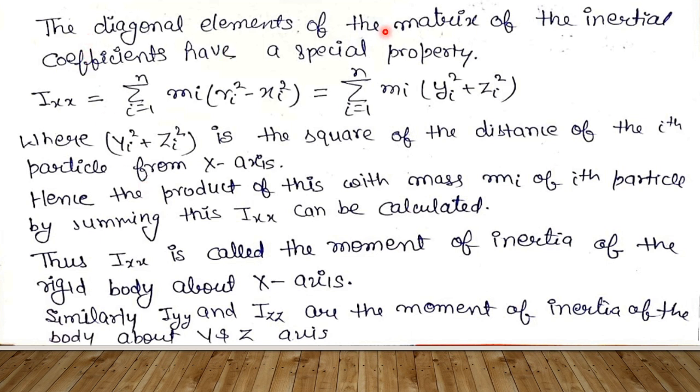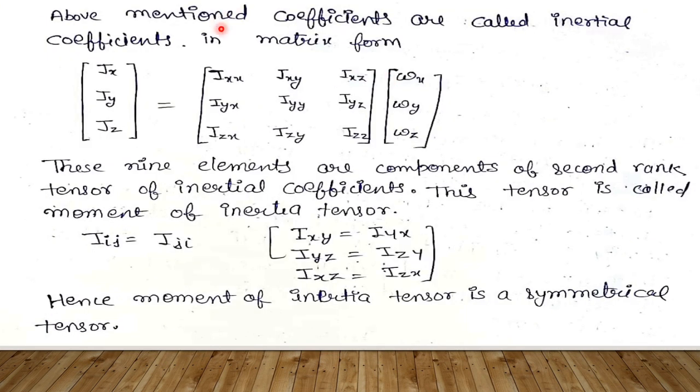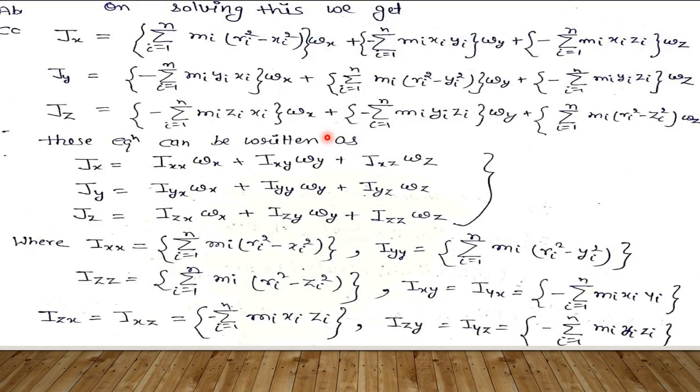The diagonal elements of the matrix of inertial coefficients have a special property. Diagonal elements means Ixx, Iyy and Izz, and from the previous section we have Ixx equals this value, Iyy equals this value and similarly Izz equals this value.